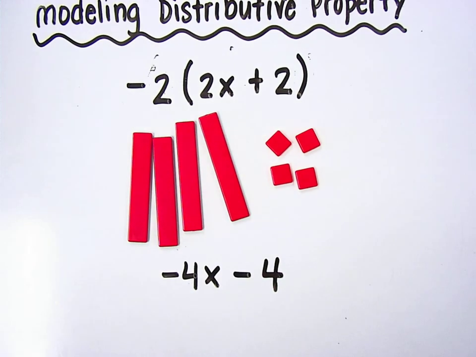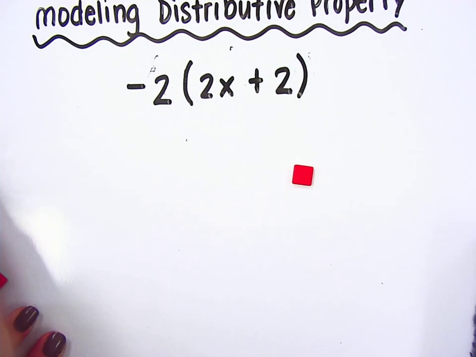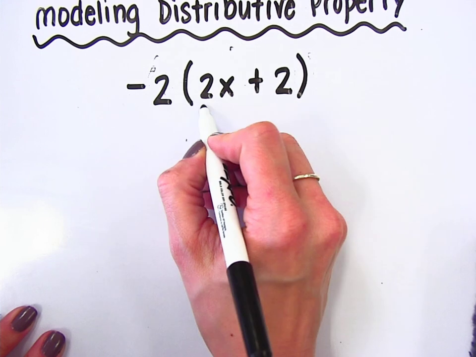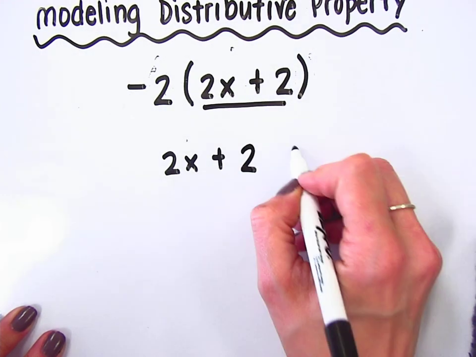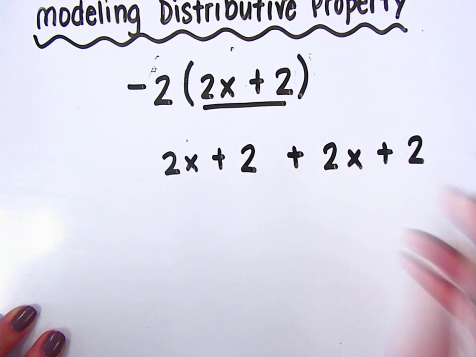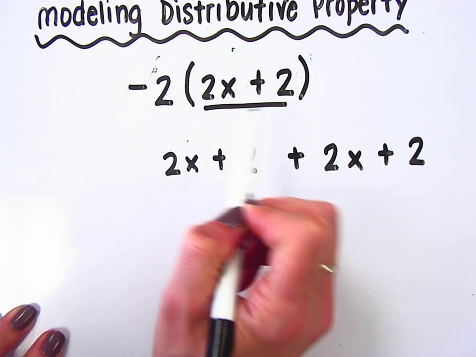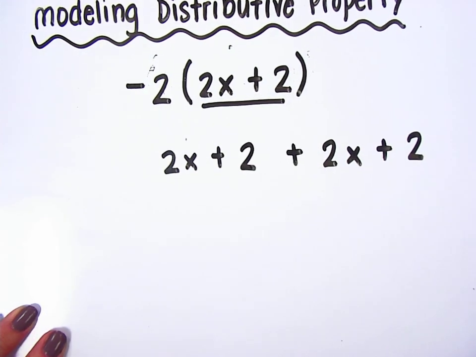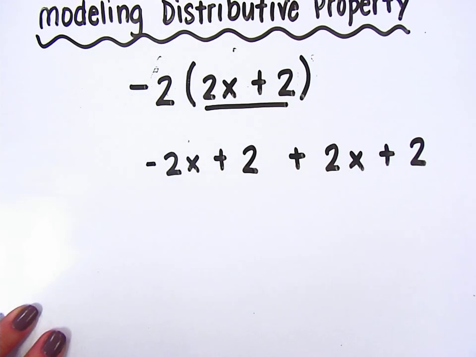If you would like to look at this in terms of a repeated addition expression, we know that we have 2x plus 2, we're adding another 2x plus 2. But now we know we need the opposite of 2 times the quantity of 2x plus 2. So we need to do the opposite. The opposite of 2x is negative 2x.